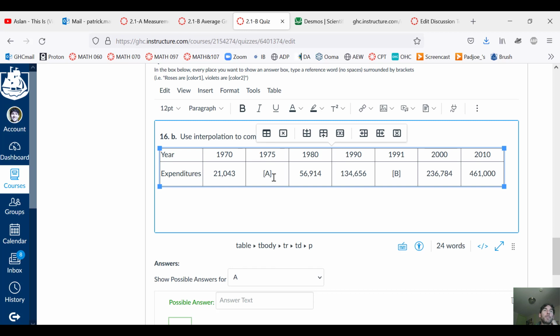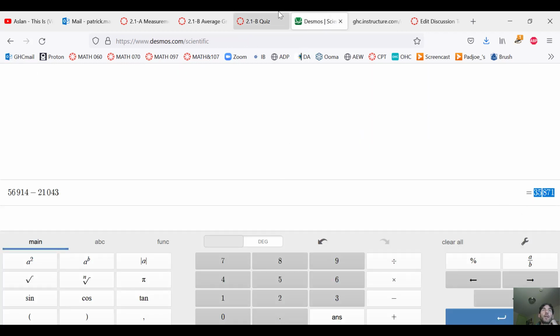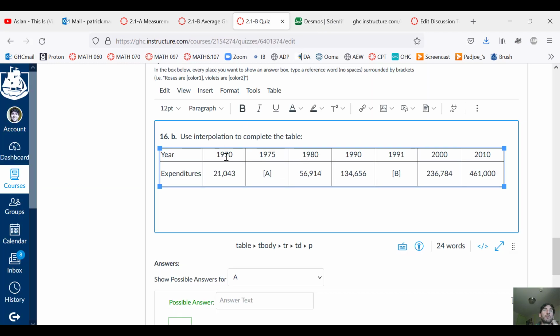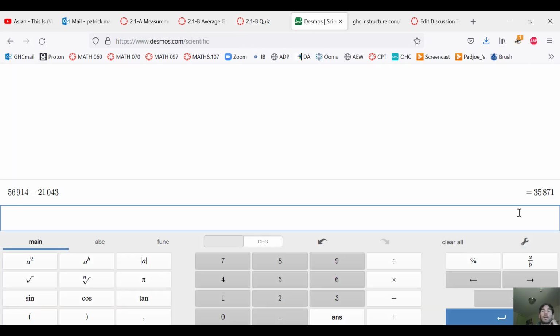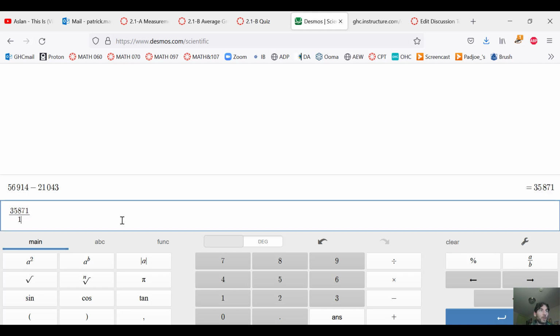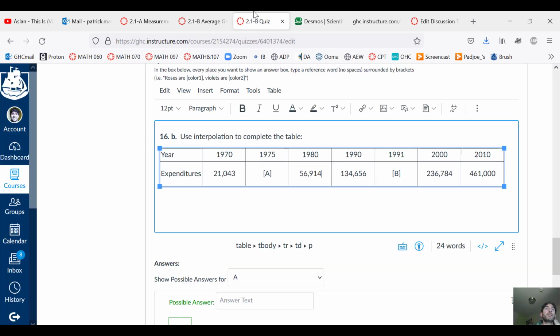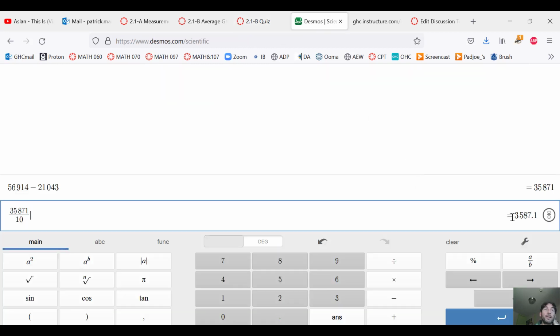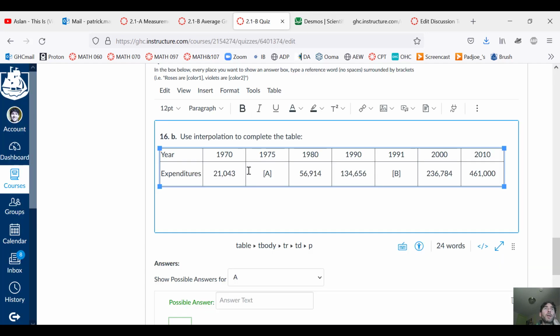Anyway, 1985 is 5 years afterwards, and it increased by about that amount over 10 years. So I take the absolute increase and divide it by 10, which gives about 3,587, or about 3.5 billion per year. So the expenditures of colleges are increasing by about 3.5 billion per year, and we want to know 5 years after 1970.